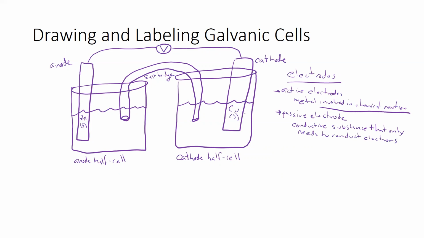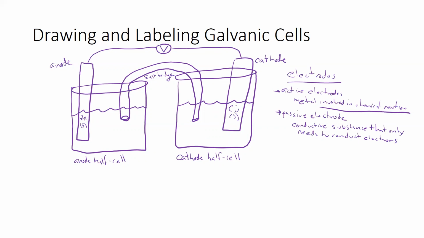In this particular example, and it's not in all examples, the anode has to be part of the chemical reaction because of the direction of the reaction. As the zinc gives up its electrons, it's going to dissolve, which means that whole electrode must be made of zinc in order for the zinc to dissolve.